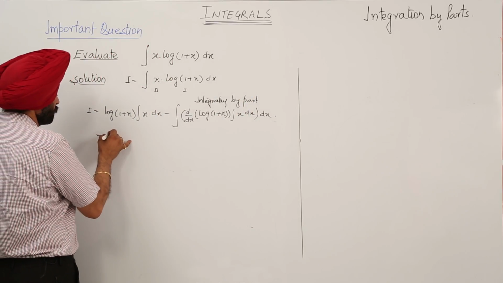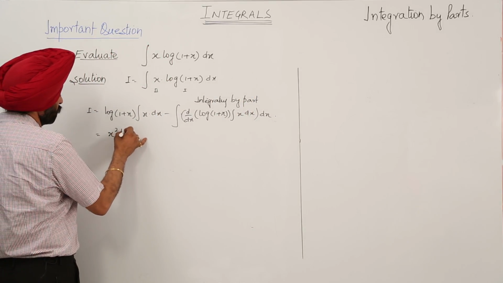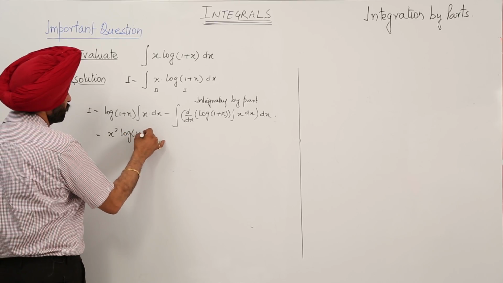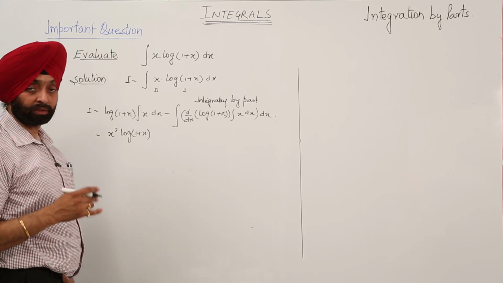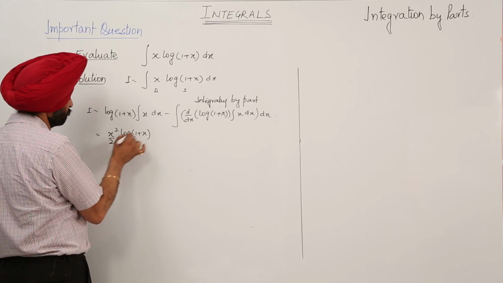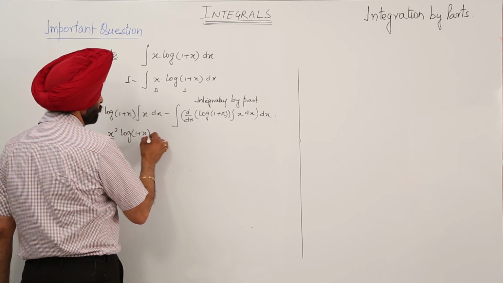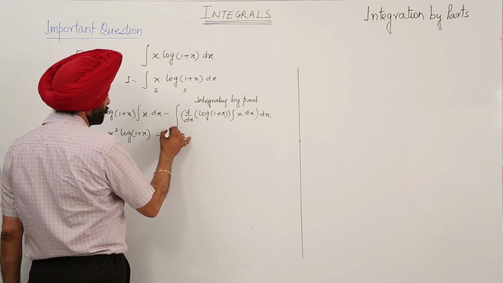Now x square log(1 + x), integration of x is x square upon 2, so x square upon 2 log(1 + x) minus integration.